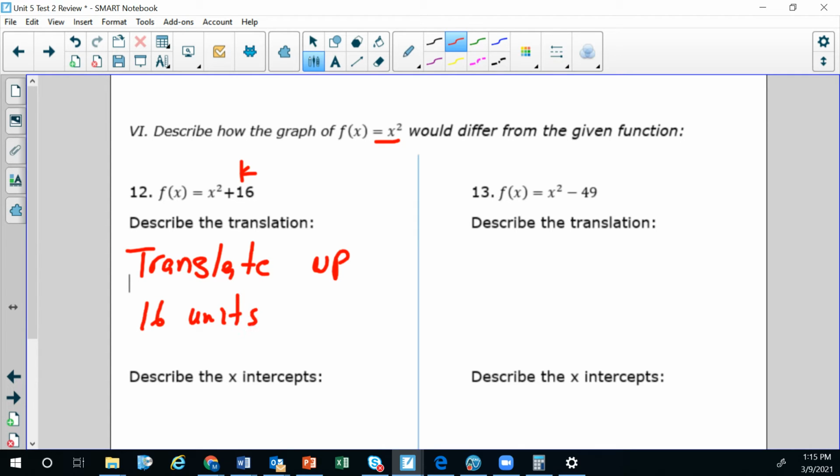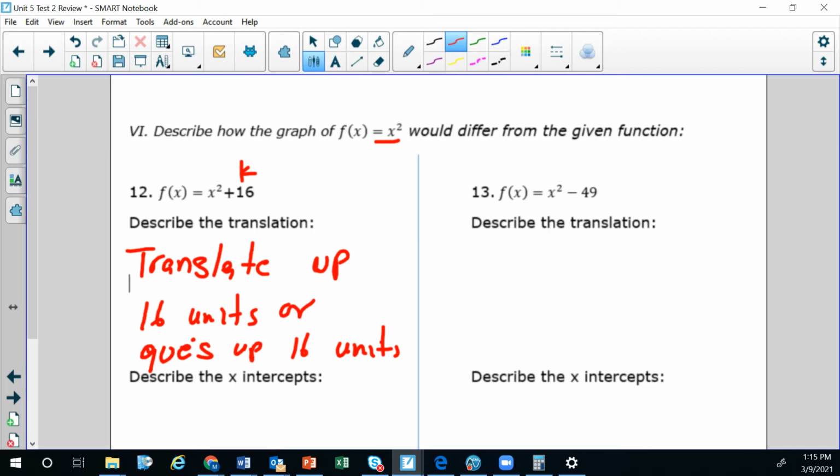I said the graph goes up 16 units. All right. Next one, same thing.